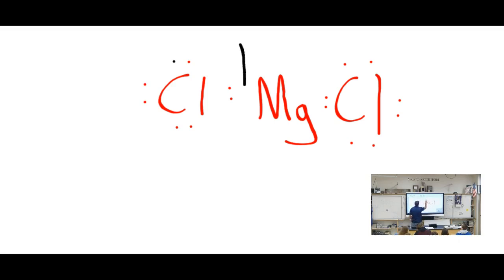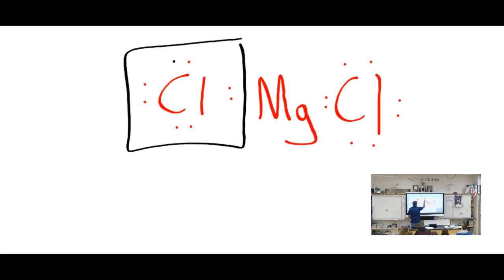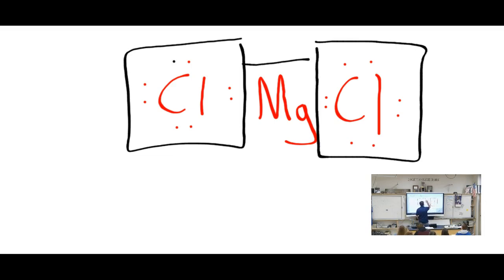Now, if we look, chlorine has 8, correct? How many does this chlorine have? 8. How many does the magnesium have? 0, which means it does have 8, but it's the 8 below it, because it was a loser. No, it's still there.